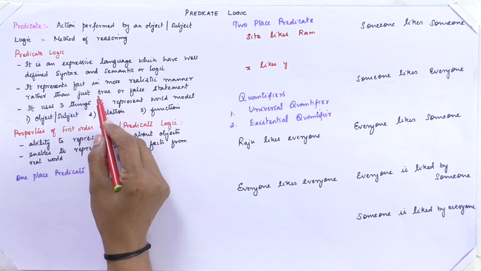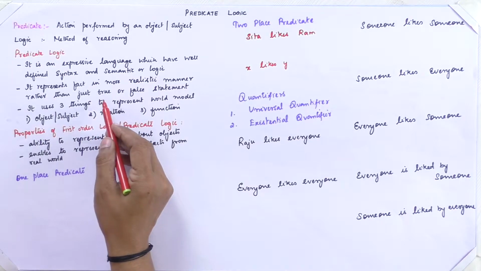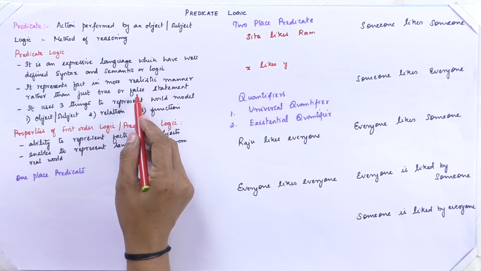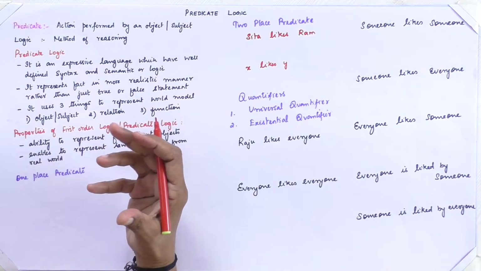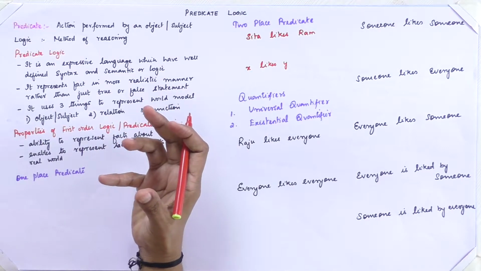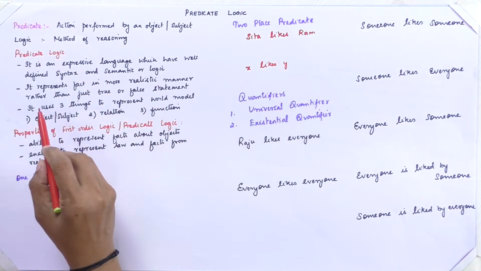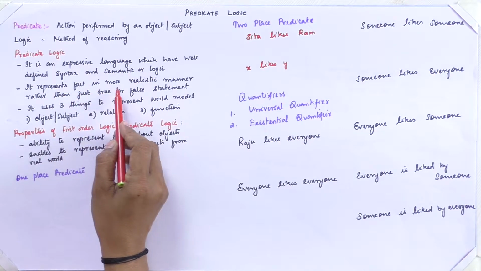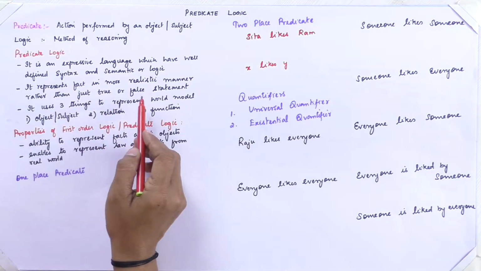In the propositional calculus, we just found out the truth value of a given statement. That statement would have the truth value either true or false. But with that, we will not be able to predicate what is exactly happening in the real world. So for that, we have predicate logic. It represents facts in a more realistic manner rather than just true or false statements.